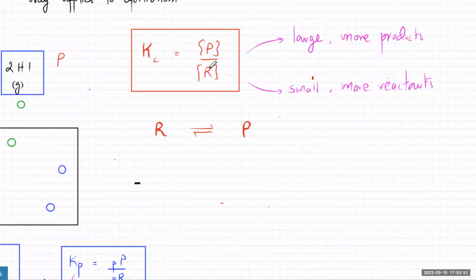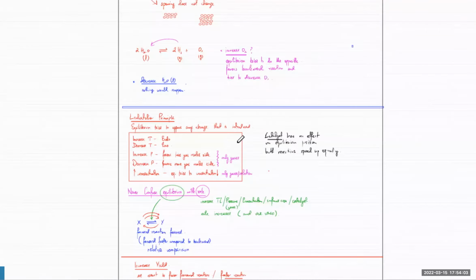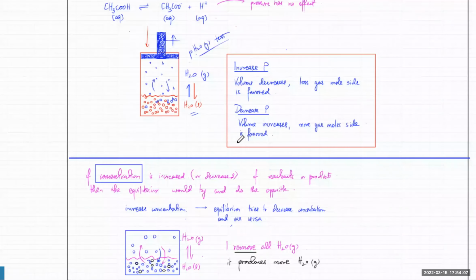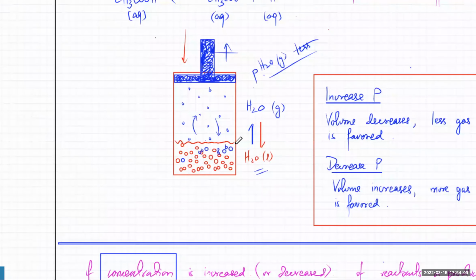So what the equilibrium does is it does not allow the ratio to change. It wants to maintain that ratio. The same thing happens in the water example. There's a ratio of the amount of steam and the amount of liquid water, right? If I go in and remove all the water vapors, the liquid water would evaporate and produce more water vapors again, and the ratio of the products and reactants would be maintained.